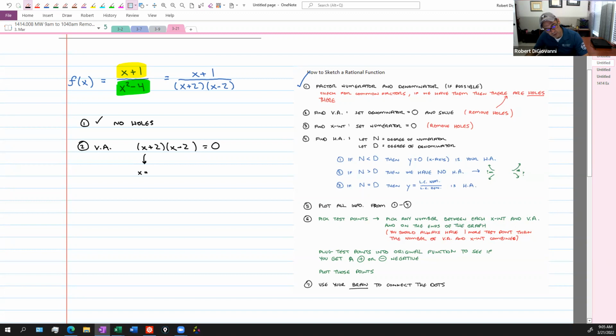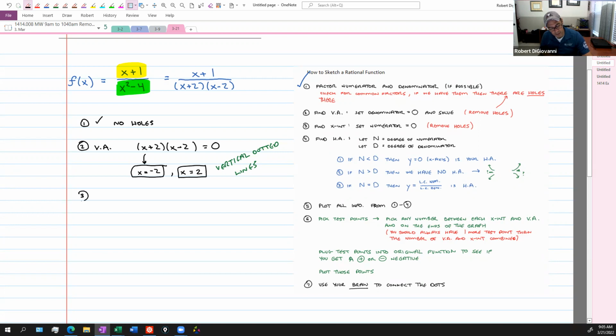We get 2 solutions here, -2 and +2. So these are our 2 vertical asymptotes. I'm just going to remind you that when we draw these on our graph, they're vertical dotted lines. And when our graph gets to those, our graph can't cross through them. The graph has to go up or down when we get to that dotted line.